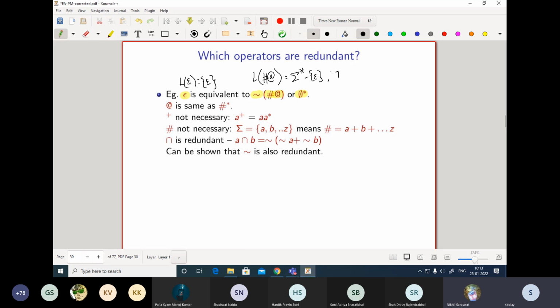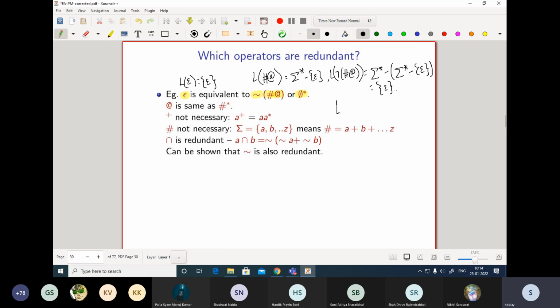So L of not of hash at is equal to, by definition, sigma star minus sigma star minus epsilon, and this would be equal to just the empty string epsilon.